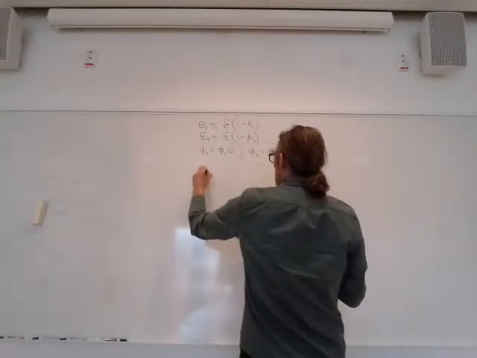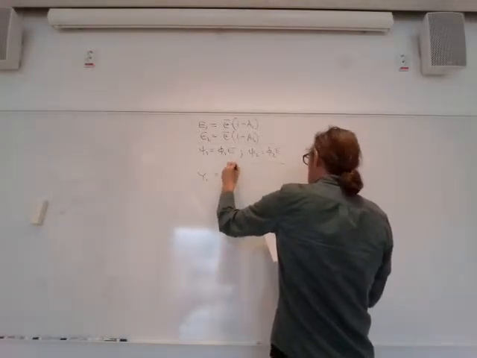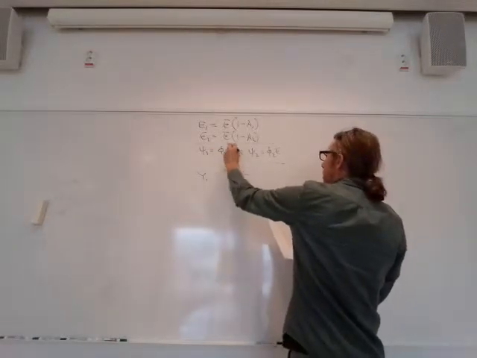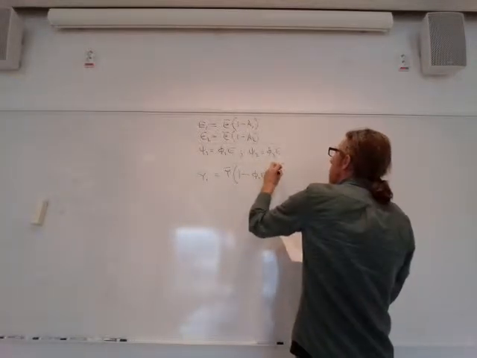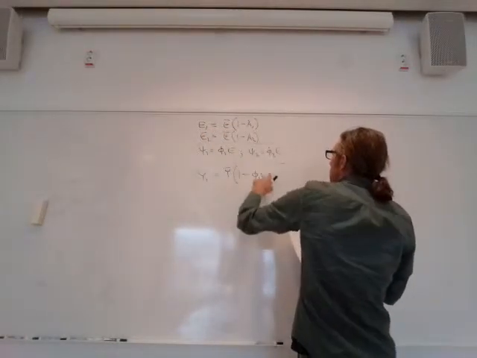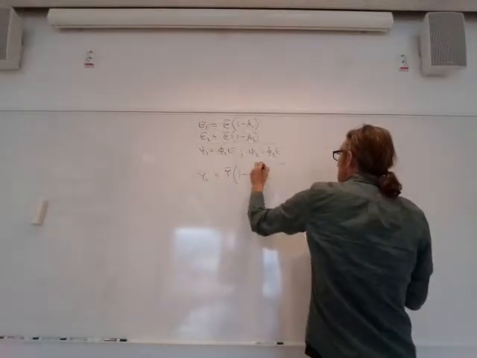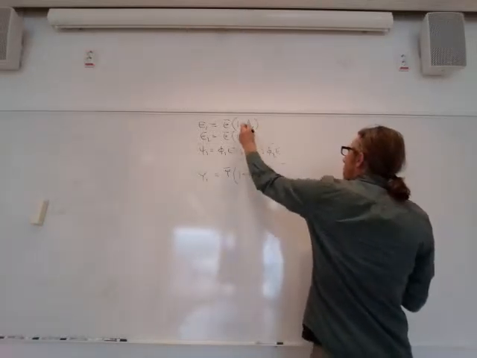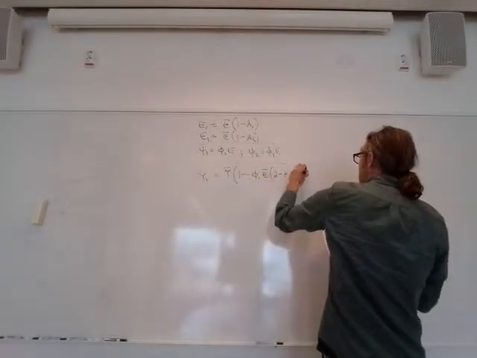And then Y1 is Y bar times 1 minus psi1, so 1 minus phi1 E, and E is actually E bar, phi1 E bar, 1 minus A1 plus 1 minus A2, 2 minus A1 minus A2, isn't it?